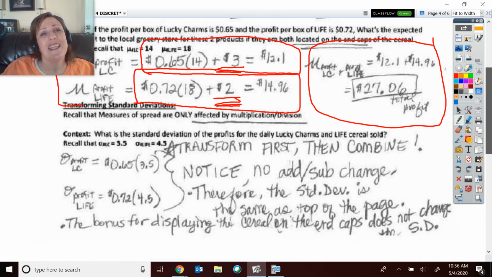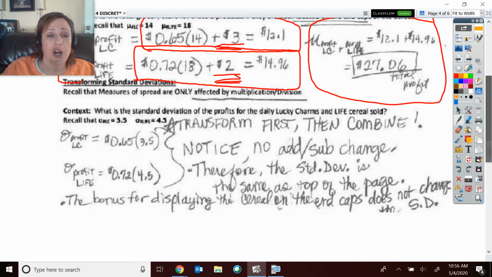Now, but here is the deal for our standard deviations. First transform, then combine. Well, is spread affected by adding $3 or adding $2 for being on the end cap?